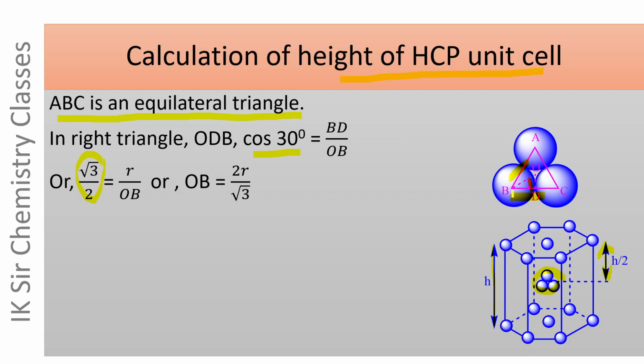And BD is equal to the radius of the sphere, it is r, and accordingly OB will be equal to 2r divided by under root 3. This is OB.